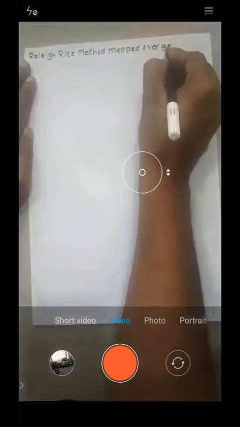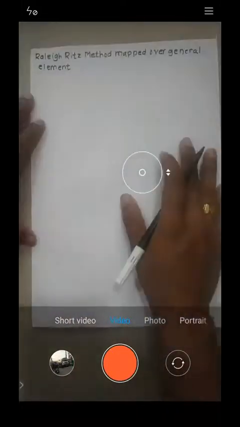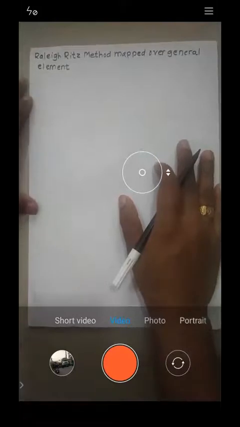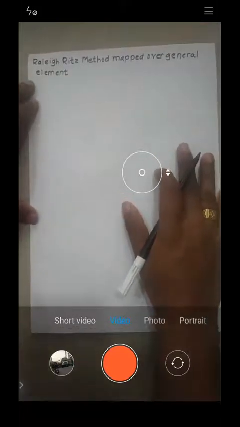In this lecture, we will take the problems which are based on the Rayleigh-Ritz method mapped over a general element. So let's see the problem first.